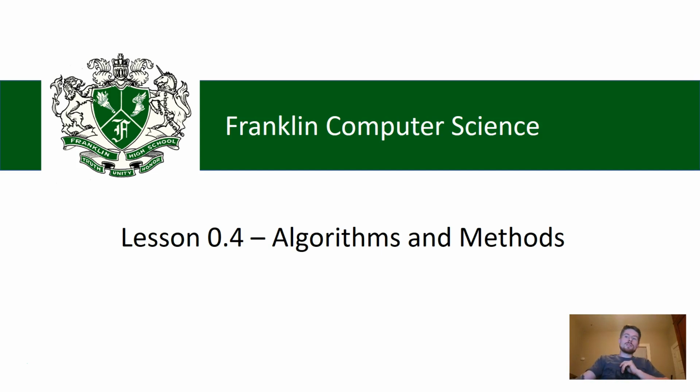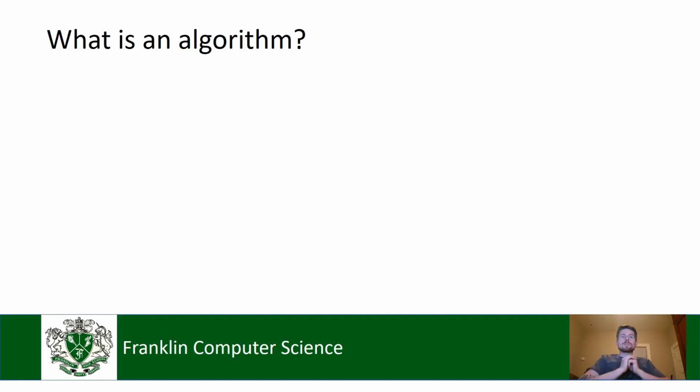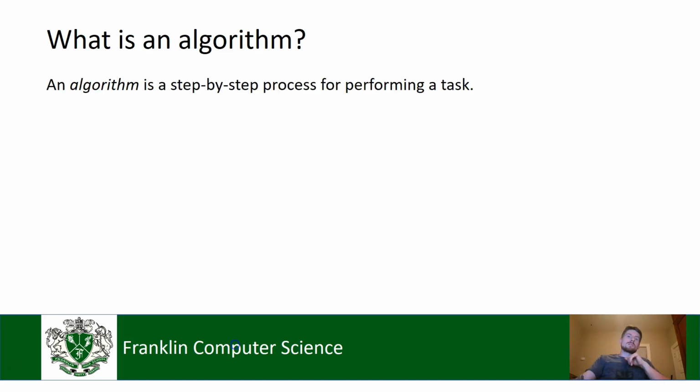Okay, so first and foremost, let's talk about what algorithms are, because we're going to be looking at our code from this perspective from here on out. So an algorithm is a step-by-step process for performing a task.